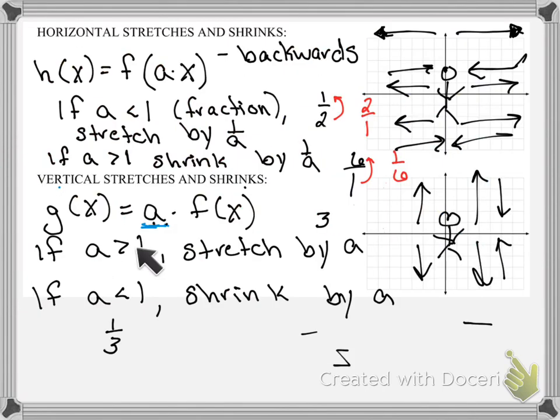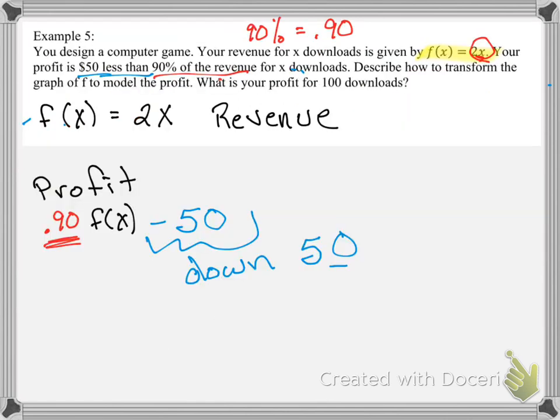Multiplying out front tells me it's a vertical stretch or shrink. 0.90 is less than 1, so it's going to be a vertical shrink by 0.90. So there is my profit function, and here I've described how to transform the graph of f to model the profit. I would need to shrink it vertically by 0.9 and shift it down 50.